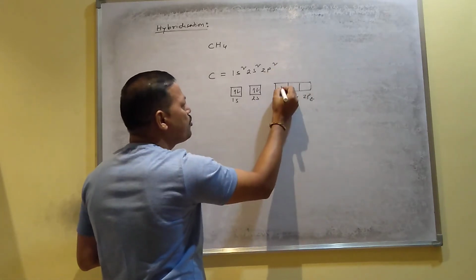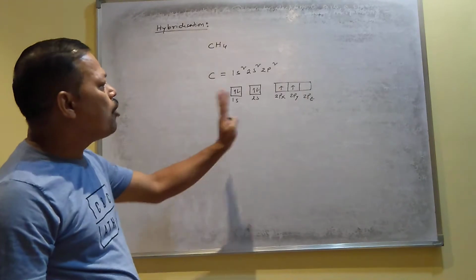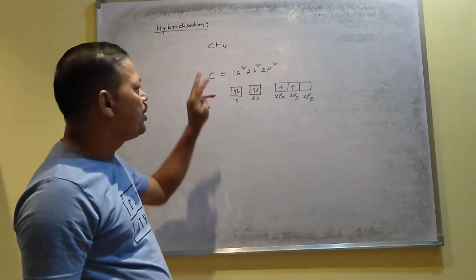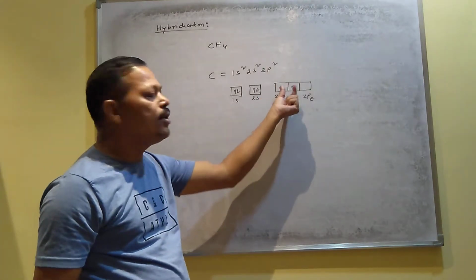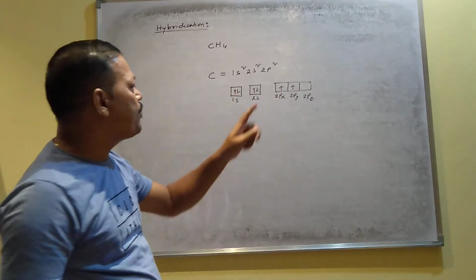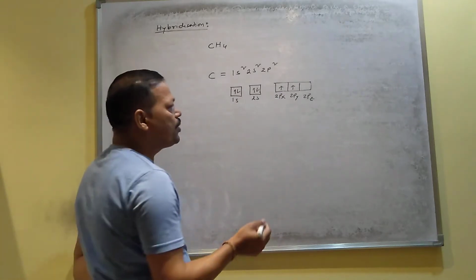How many electrons are present? 2 electrons, and they should be present like this. So how many half-filled orbitals are in carbon? In carbon there are 2 half-filled orbitals, and as you know, only half-filled orbitals can undergo overlap. I mean, only these 2 orbitals can overlap with other orbitals.